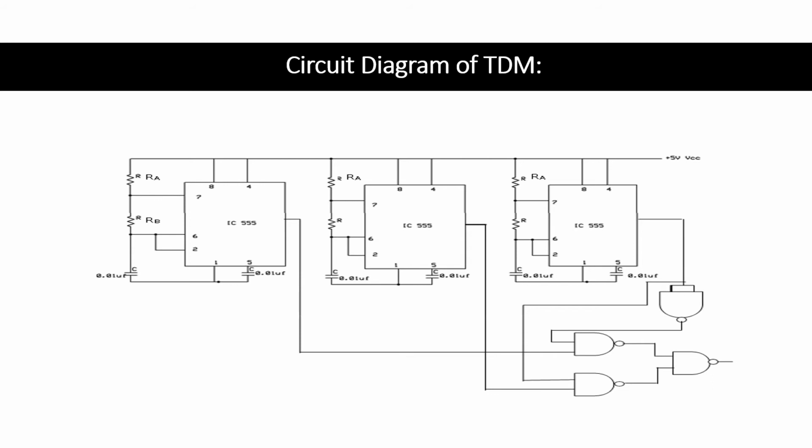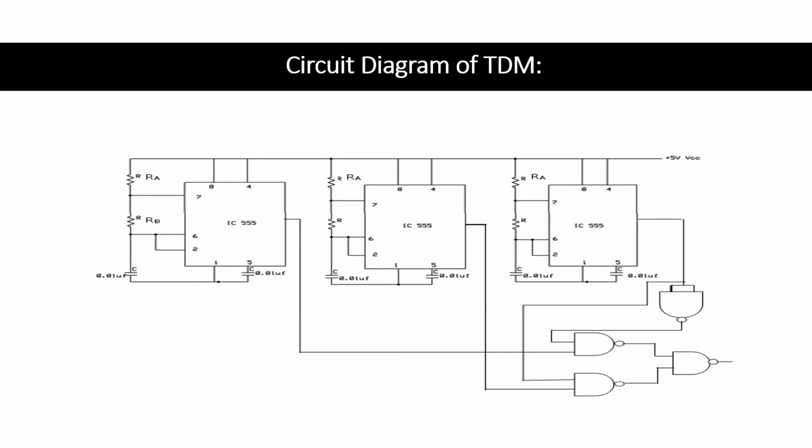After getting the time from each 555 IC, all are connected to the multiplexer circuitry. Here we are using a 2:1 multiplexer for generating the time interval. According to that time, we are going to calculate its frequency.